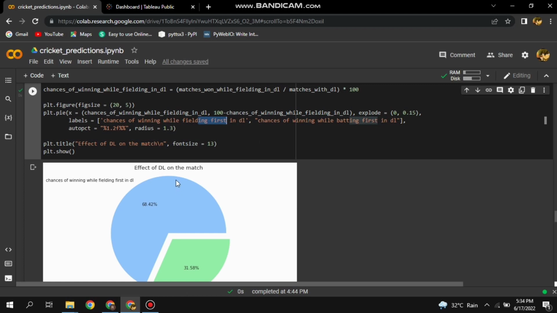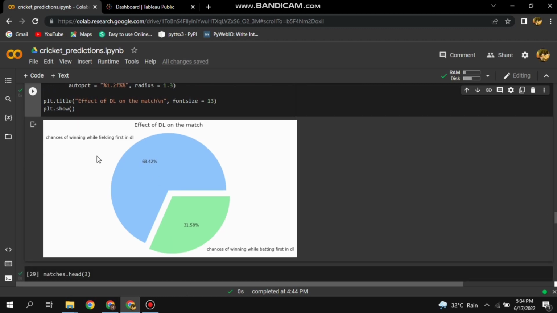In this they shorten the number of overs and shorten up the game. In Duckworth Lewis matches, the chances of a win by the team which fields first are quite a bit more than the team which bats first.